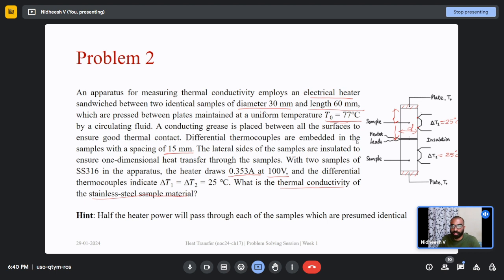Is the question clear for everyone? I just want to ensure that everyone knows what is given in the question and what we are being asked to find out. If the question is not clear to anyone in any particular areas, just let me know.